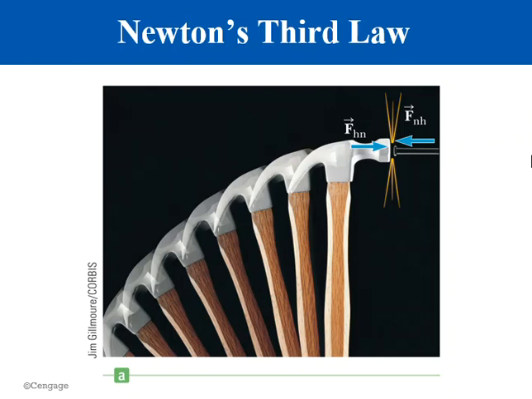If you look at this picture, you are driving a nail into a block with a hammer, and with that you are able to accelerate the nail and drive it into the block. The hammer must exert a net force on the nail.